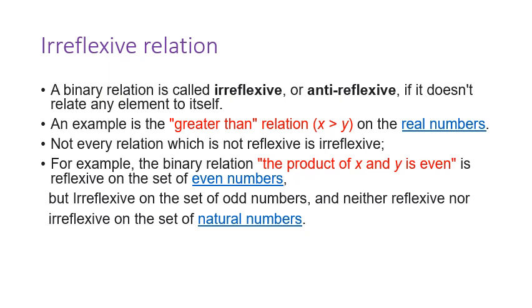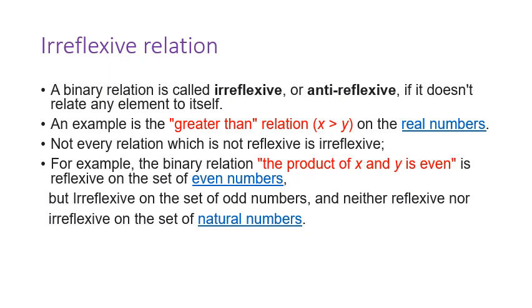When we consider the set of natural numbers, if we take 1, 1, then it is 1, which is an odd number. If we take 3, 3, then it is 9, which is an odd number. So reflexive is not there, and irreflexive is also not there, because if you consider natural numbers, it will take numbers 1, 2, 3, 4, 5, etc. And there we cannot prove it is reflexive or irreflexive, because some products will give even and some products will give odd numbers.